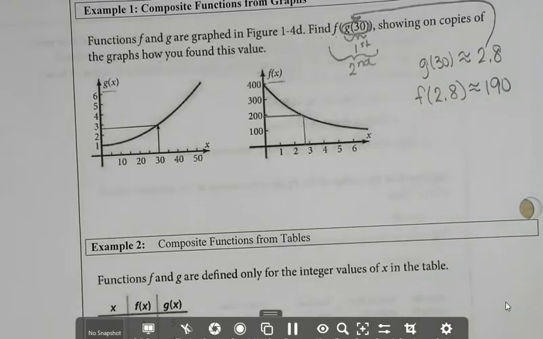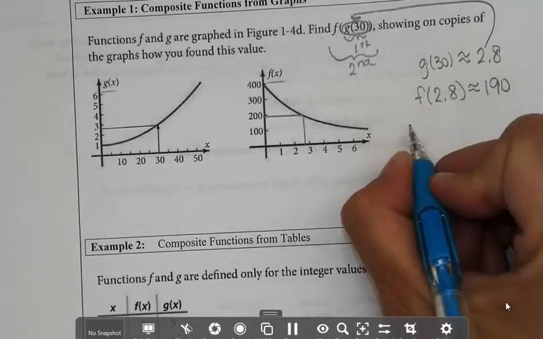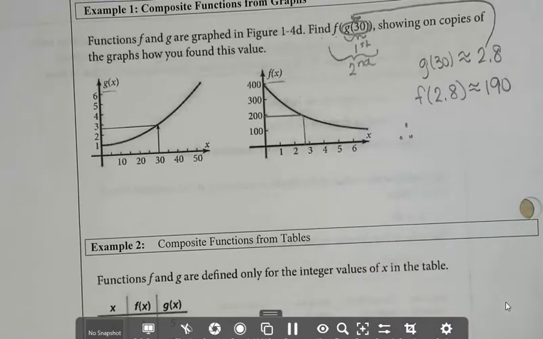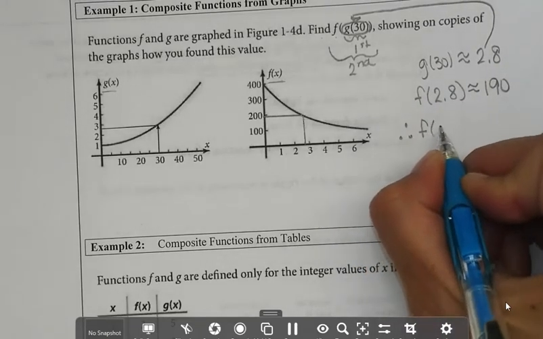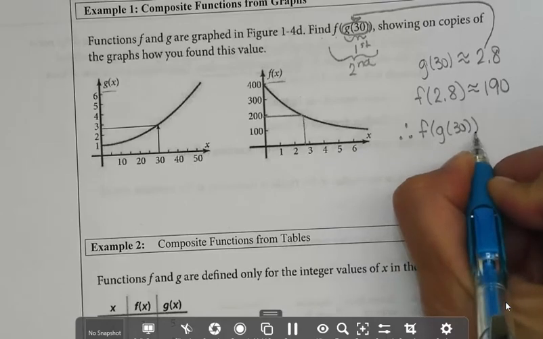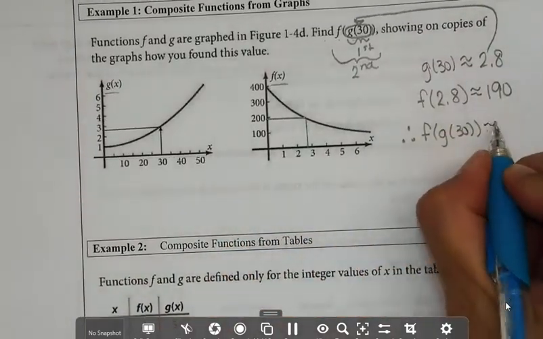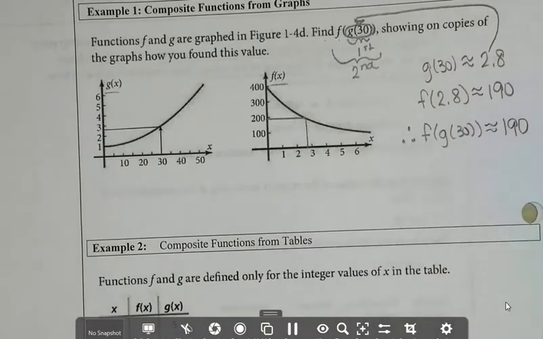Now, when your book did this, they got approximately 180. So we rounded a little bit. When we're rounding, we're not always going to be perfect. So therefore, I can say that f of g of 30 is approximately 190.